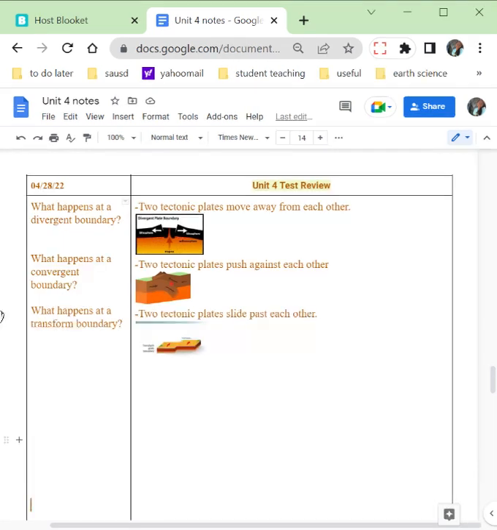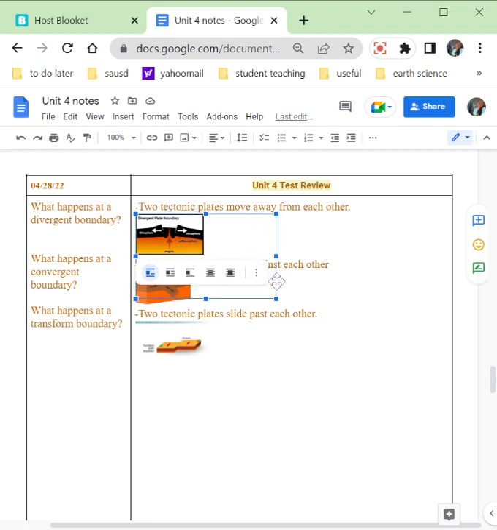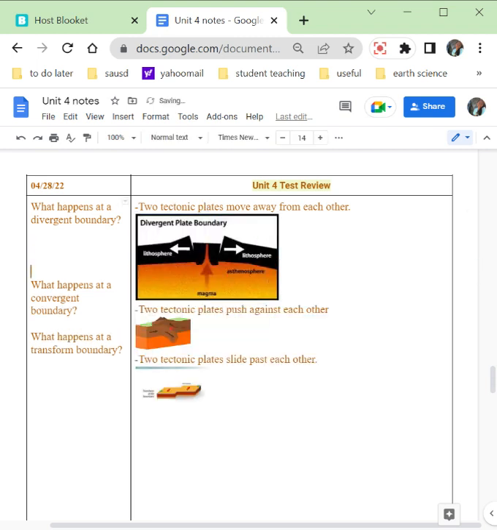Okay, so for review, there are 3 different types of tectonic plates that we need to know about for the test. First one are divergent plates. Those are plates that are going away from each other. So maybe think like slime. You have slime, right? And you're pulling it away. So it's eventually going to break in the middle, right?